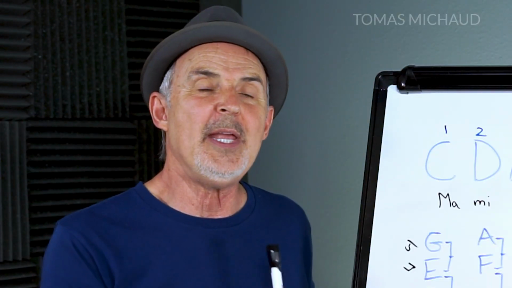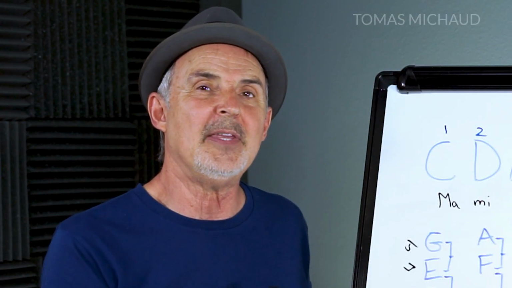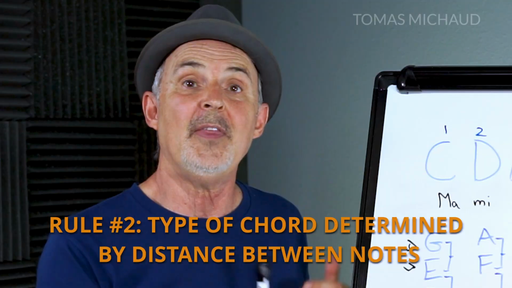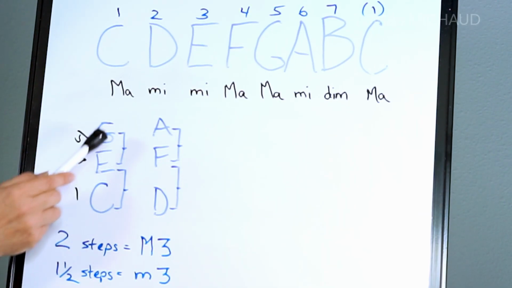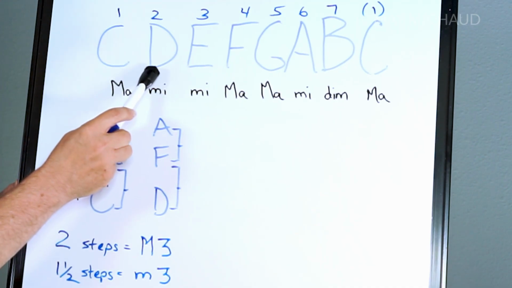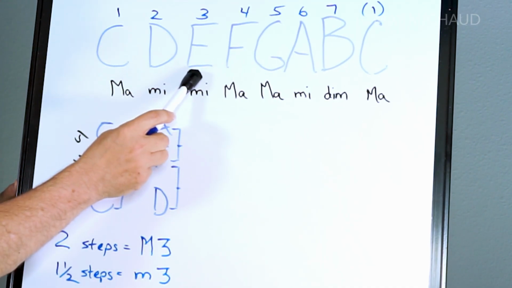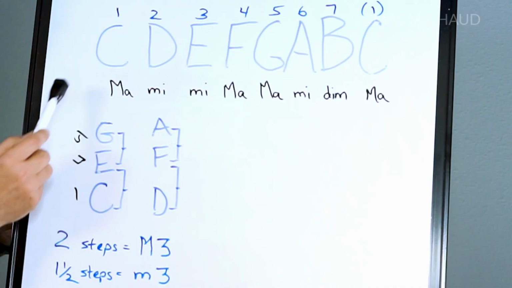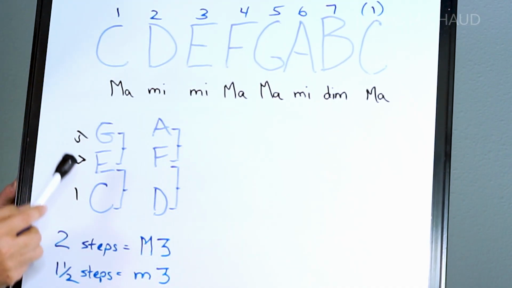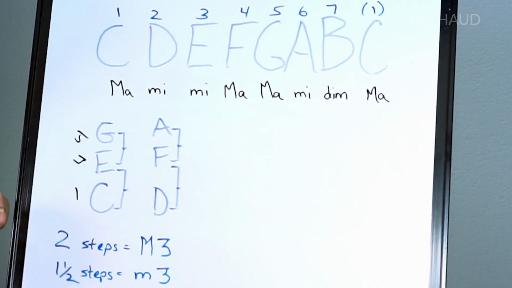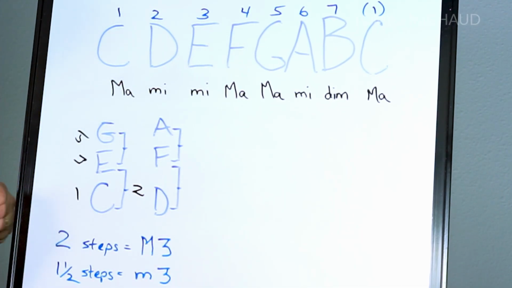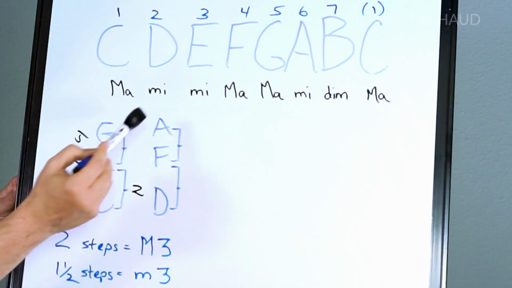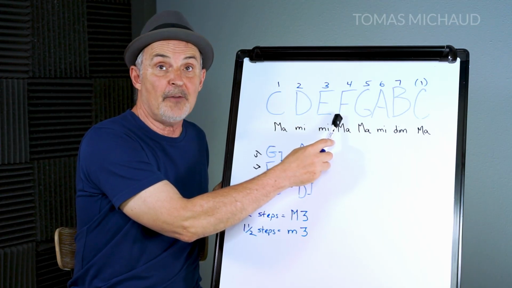And the sound that you hear is actually constructed by the distance between the notes, the intervals. So let's take a look at it. From C to E, we know from C to D is one whole step. From D to E is another whole step. That's 2 whole steps from C to E. And from E to G, let's see, from E to F is a half step.